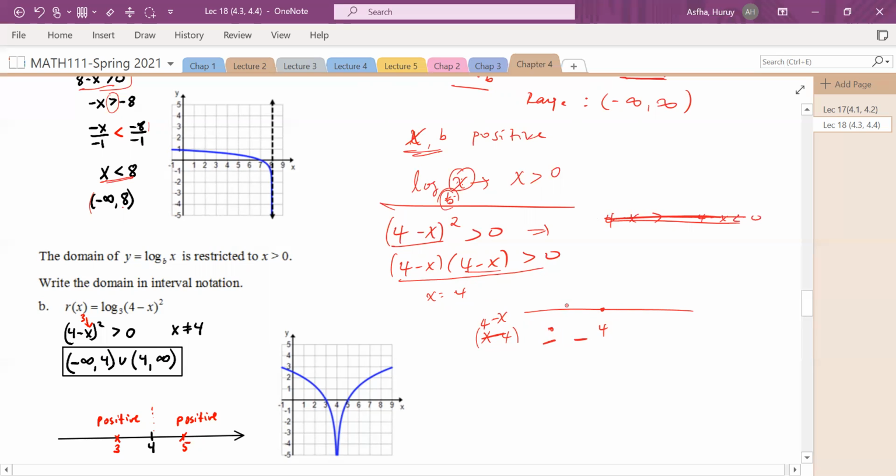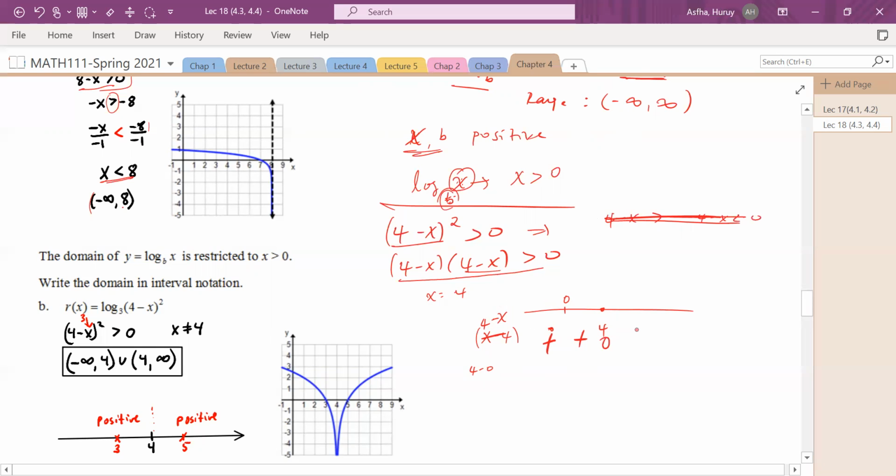For example, you can try it. You take one point, for example 0, since it is below 4 and it's the easiest number you can pick here. 4 minus 0 is positive. So all numbers below 4, if we substitute them in here, will be positive. At the point x equals 4, it will be 0.